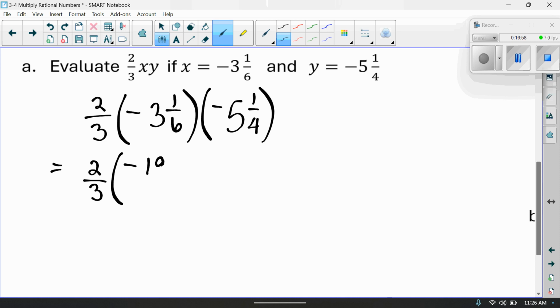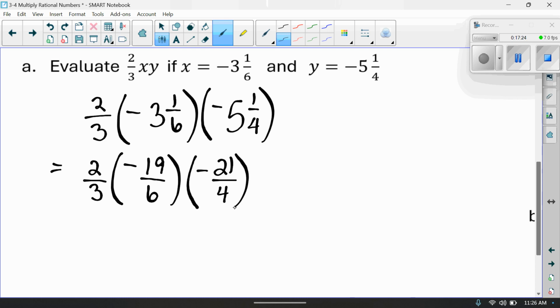So this gives us 19/6. Negative, yes. Now the next one is negative. And we've got 5 times 4, 20, plus 1 is 21. So that's going to be 21/4. Okay.